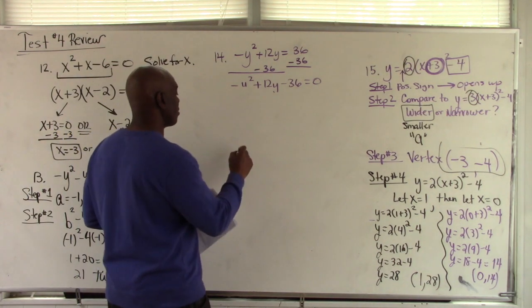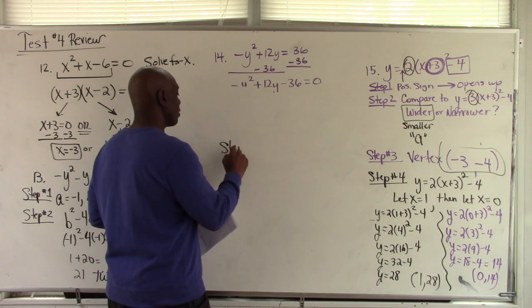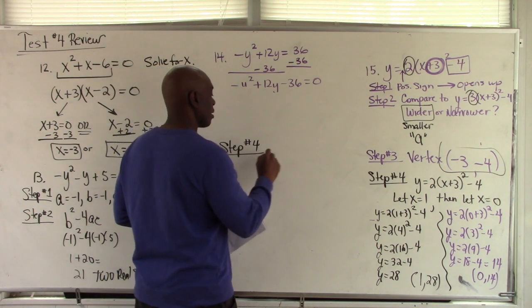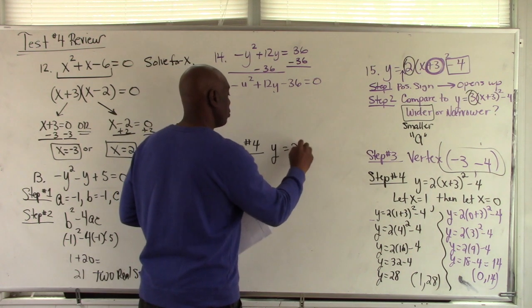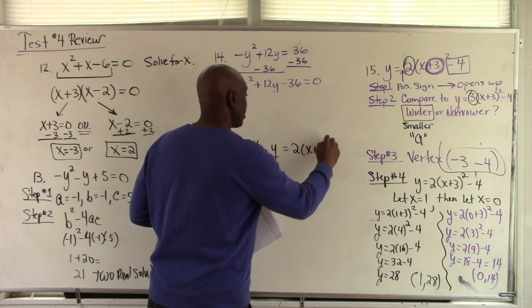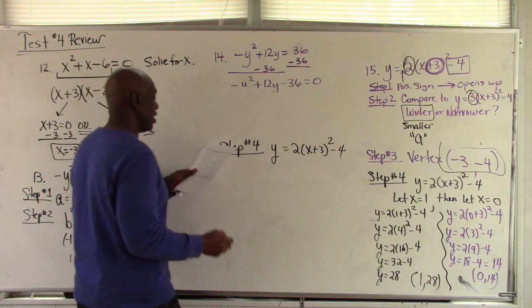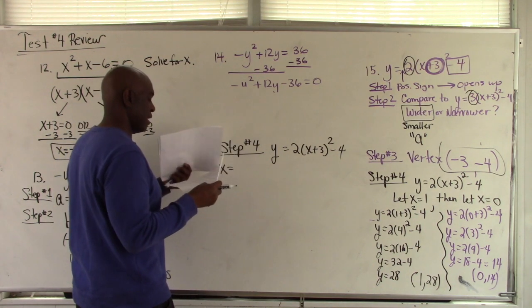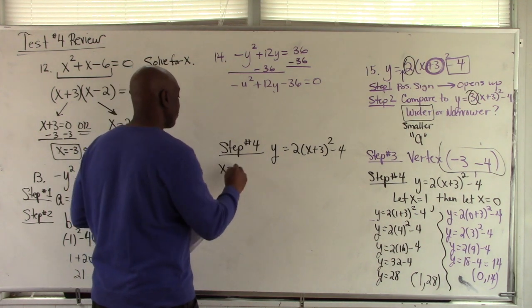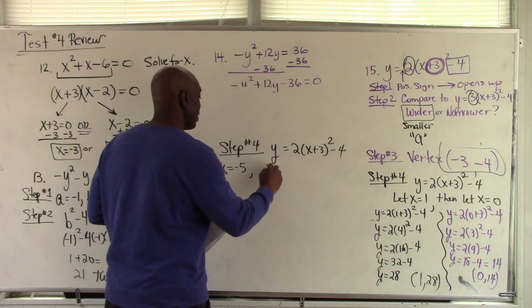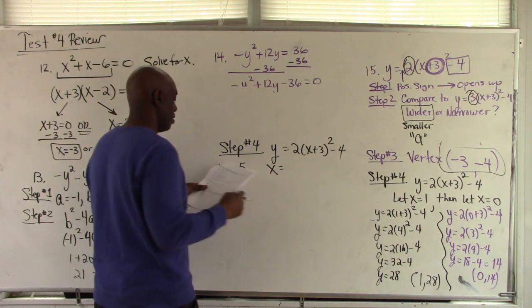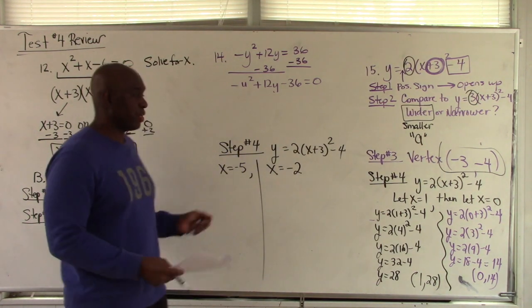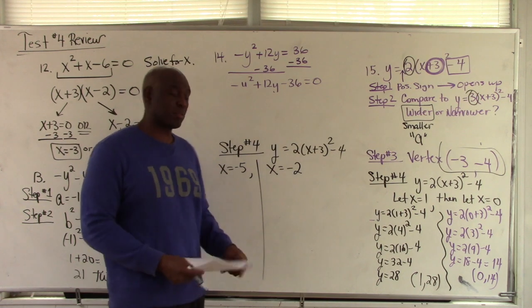So in actuality, step 4 is this. Step number 4, right? We have y equals 2 times x plus 3 quantity squared minus 4. They tell you that x is -5, and they tell you that x is -2. So they give that to you already. And so now you got to plug it in and see what you get, right?